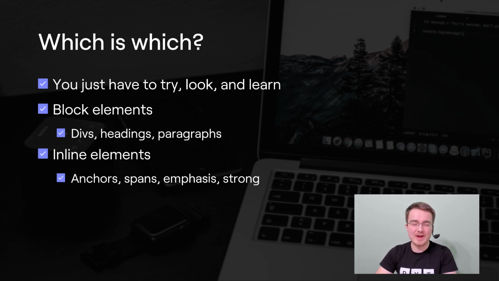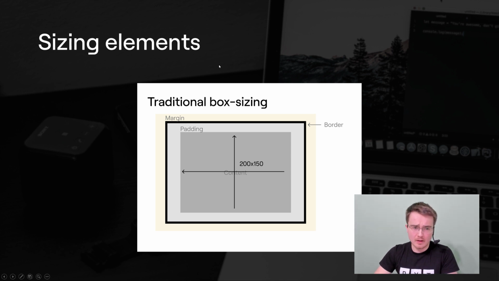Finally, we come to the width and height. Normally CSS elements are sized based on their content. So if you have an element and you say you want that element to be 200 pixels wide by 150 pixels high, what you're setting as the size is the content.